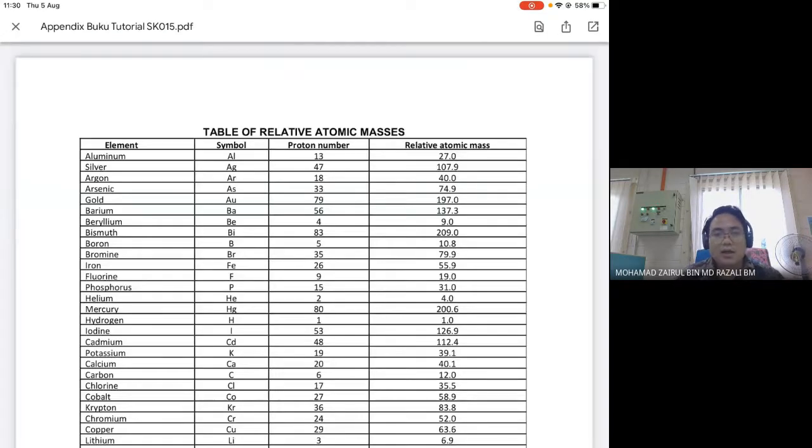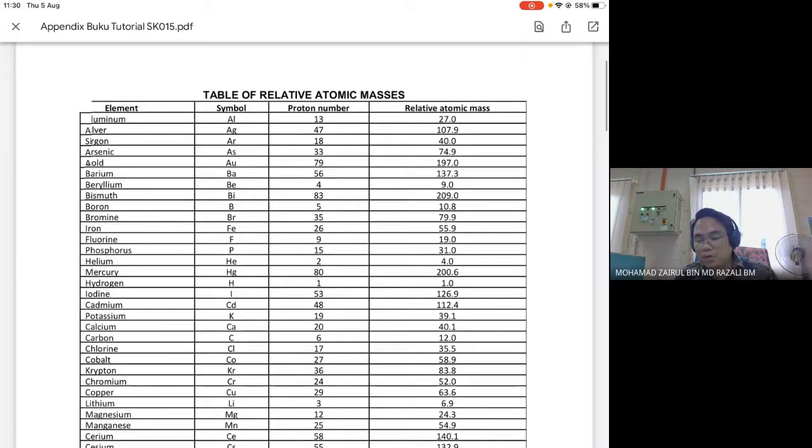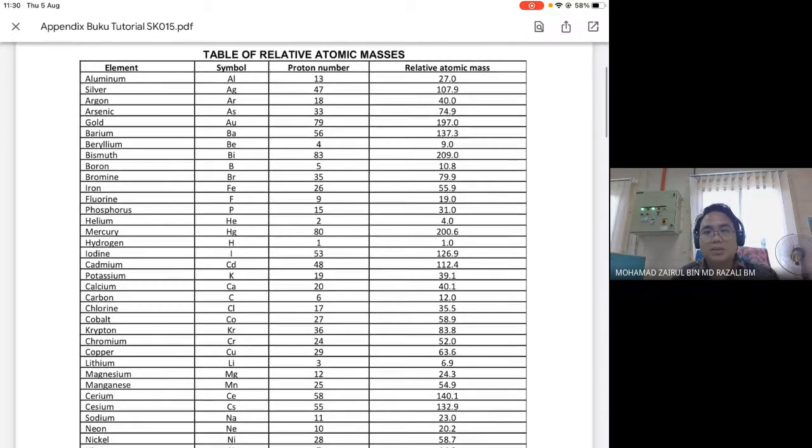Okay, after this, any calculation for the relative atomic mass, awak guna yang dalam table ni je. Sebab this is the same thing yang dalam exam. So awak gunakan mass yang diberi dalam table ni saja.